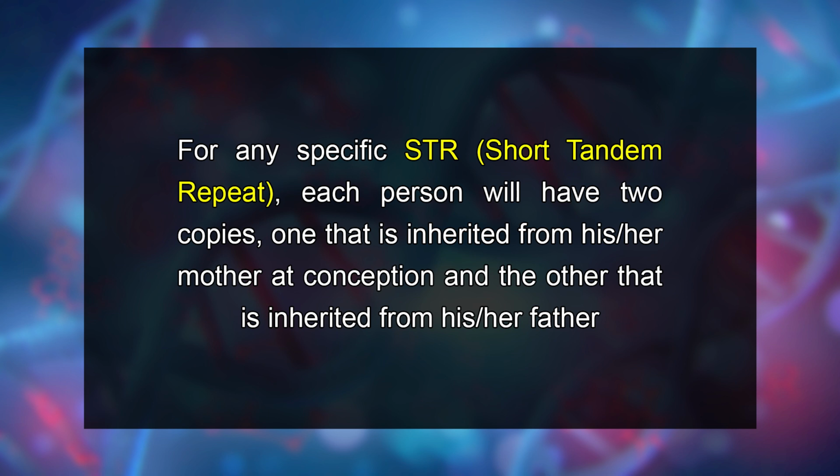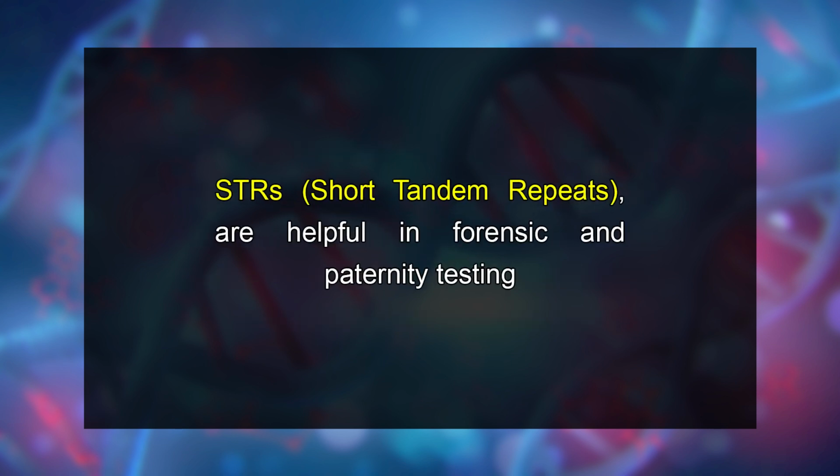For any specific STR, each person will have 2 copies, one that is inherited from his or her mother at conception and the other that is inherited from his or her father. STRs are helpful in forensic and paternity testing.